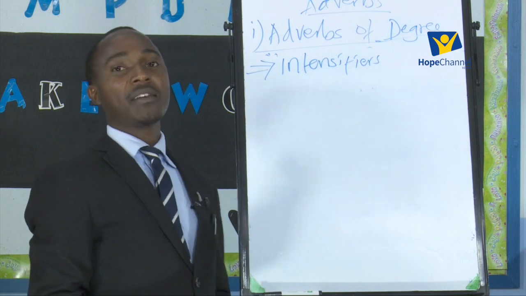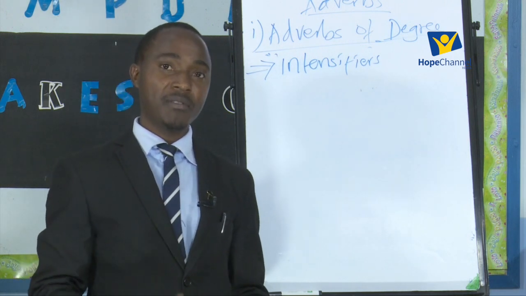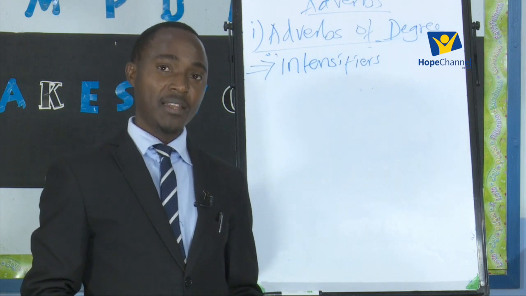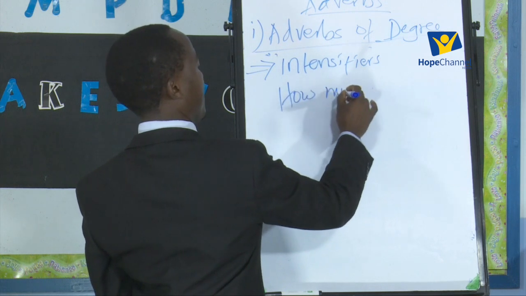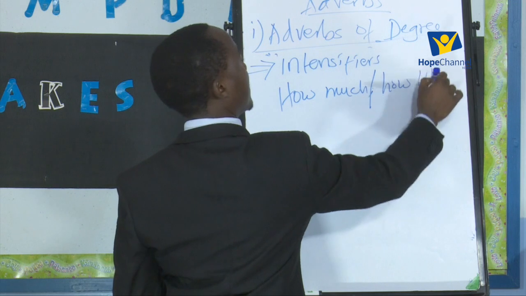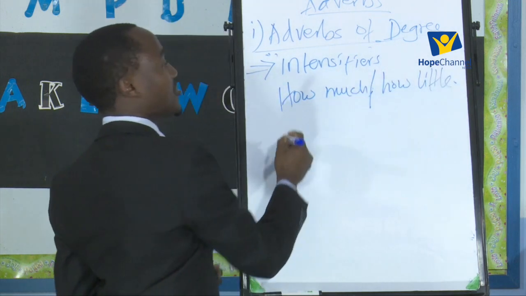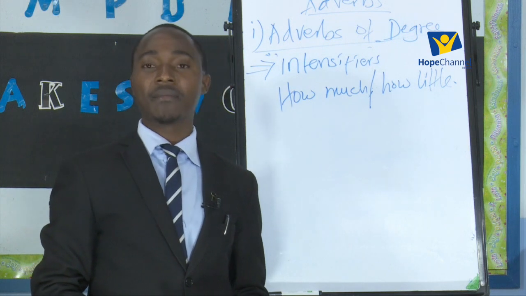They intensify the meaning that has already been highlighted by answering the question, how much or how little. So these are the two questions we'll be asking ourselves when we're identifying the adverbs of degree.